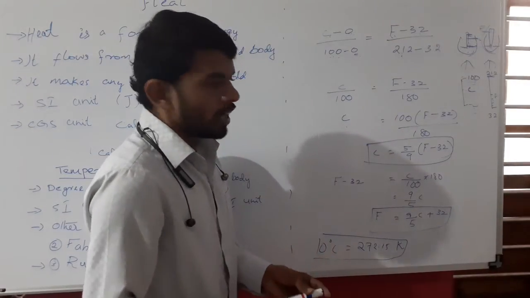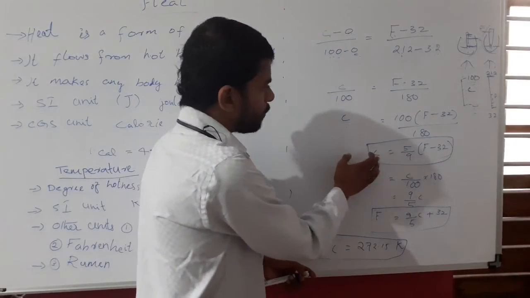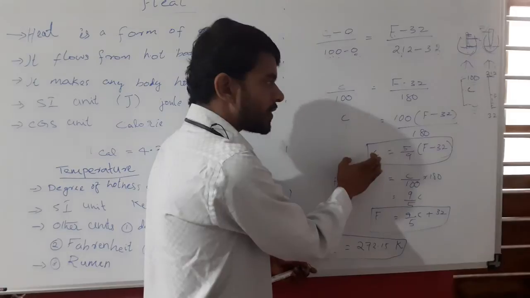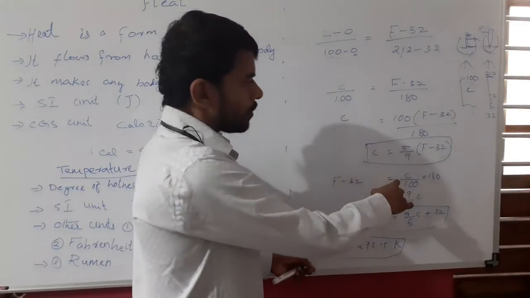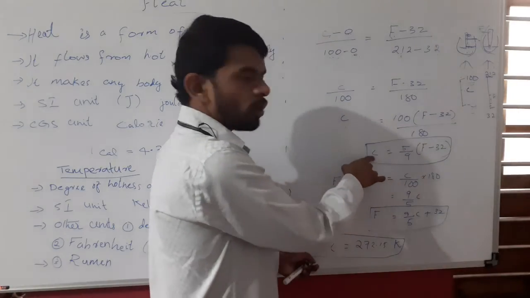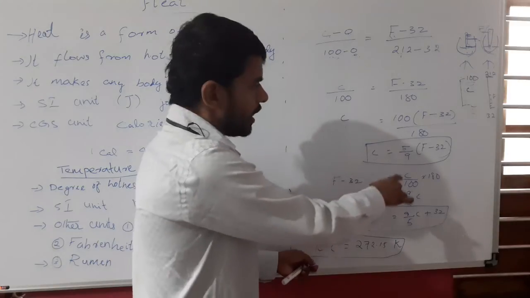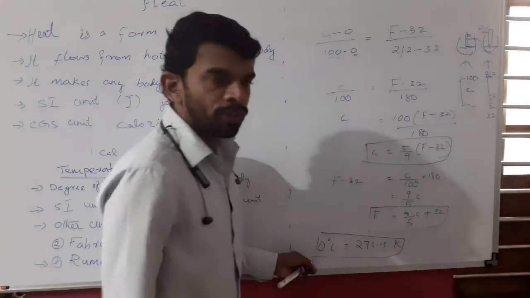In order to find Celsius from Fahrenheit, you can use this equation. Any corresponding value of Fahrenheit will give a corresponding value in degree Celsius, which is 5 by 9 into F minus 32.